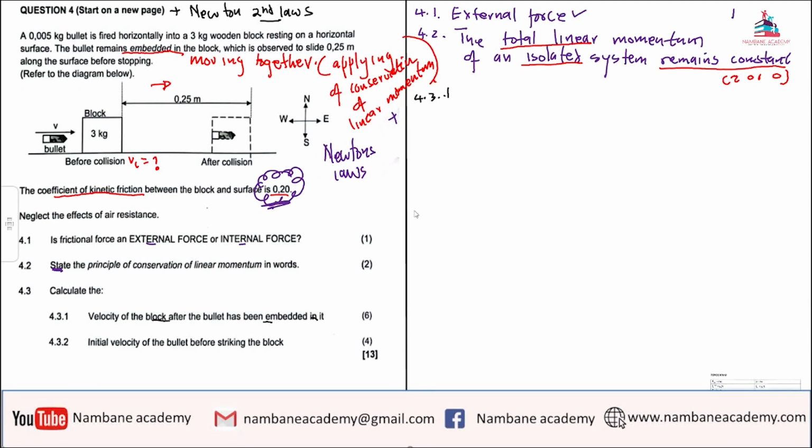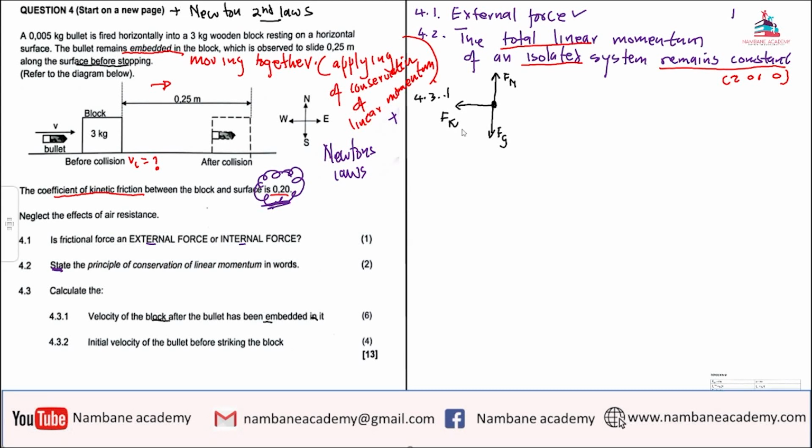Ladies and gentlemen, allow me now to say Fnet, let's identify all the forces first. I'm going to draw Fn is equals to Fg, and because it is coming to a stop, it means there's now frictional force acting on it.